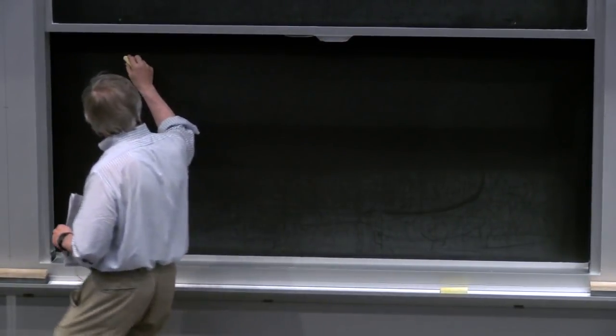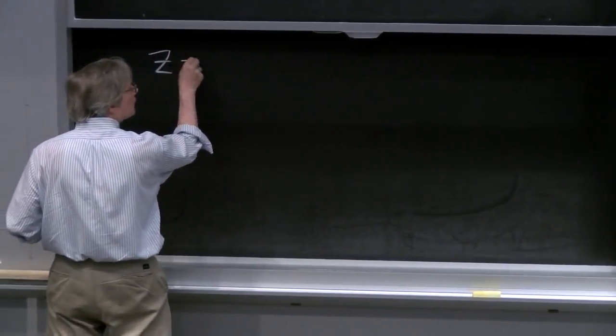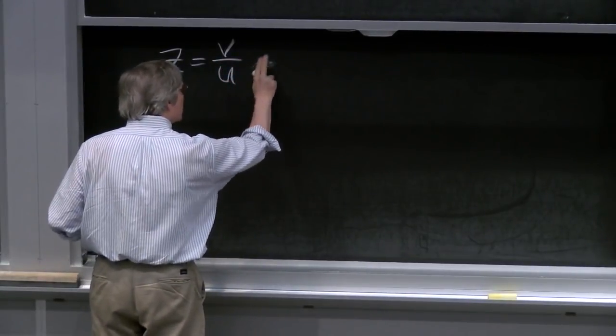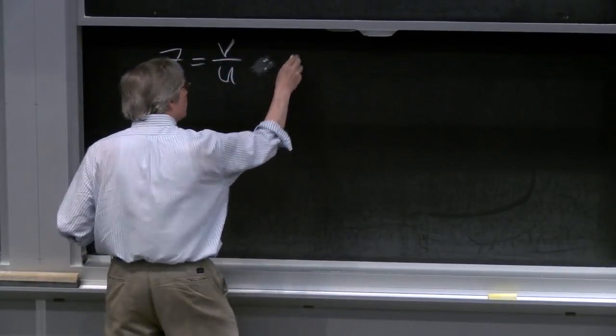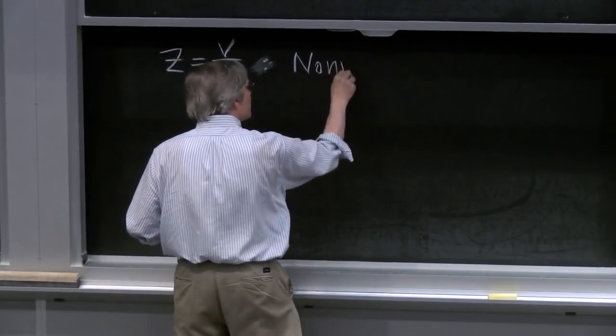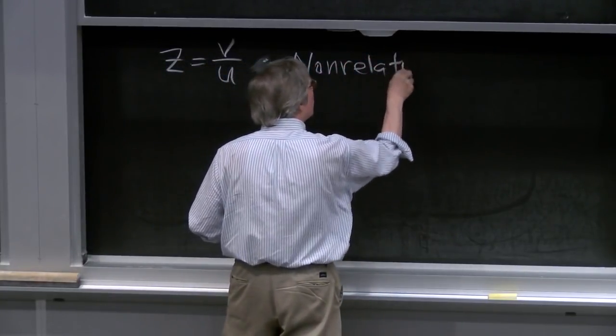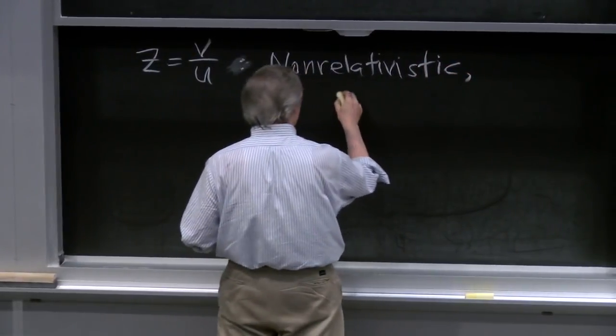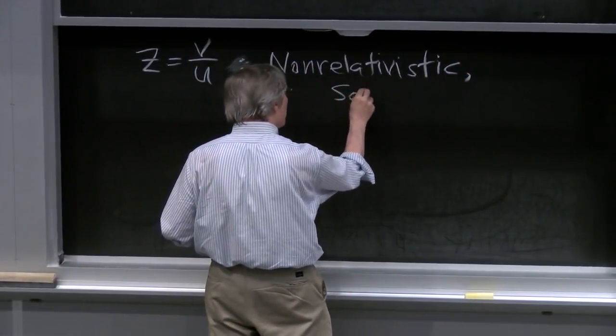So maybe I'll just write that again in a box and label it. Z is equal to v over u, corresponds to the non-relativistic case, or the sound wave case, with the source moving.